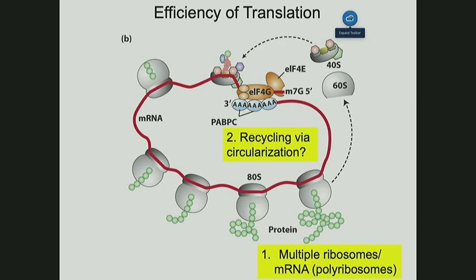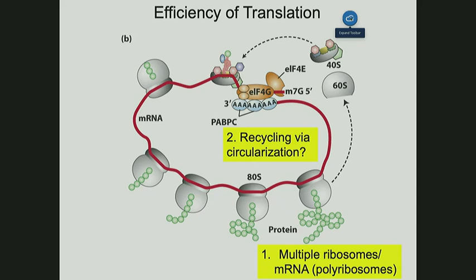What that means is as soon as you start initiation here with your small subunit and the initiation factors and start scanning for that start codon, and then you recruit the 60S to make the full 80S and start translating, as soon as that moves away from the start codon, a next one can come in and a next one. So one messenger RNA can have multiple translating ribosomes on it.